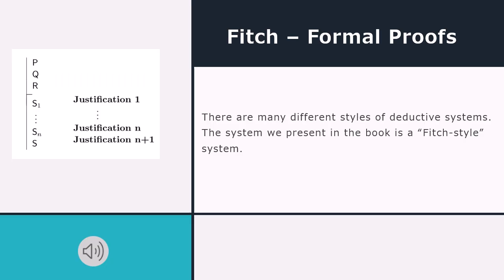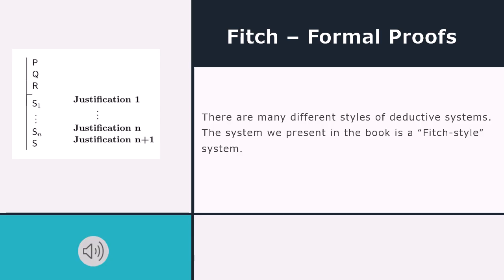Okay, so we just saw a couple of good formal proofs. Now let's be a bit more detailed about exactly what we mean by a formal proof in our particular system, which we'll refer to as Fitch. It's also the name of the program that we've been using to construct those formal proofs, but the system itself is also called Fitch.